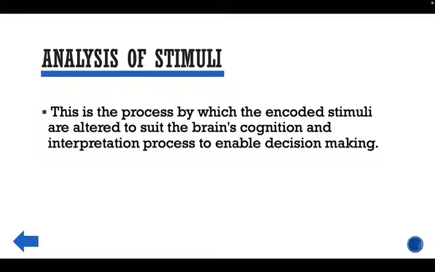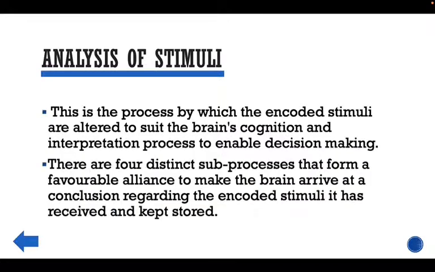This is the process by which the encoded stimuli are altered to suit the brain's cognition and interpretation process to enable decision making. There are four distinct sub-processes that form a favorable alliance to make the brain arrive at a conclusion regarding the encoded stimuli it has received and keeps stored.